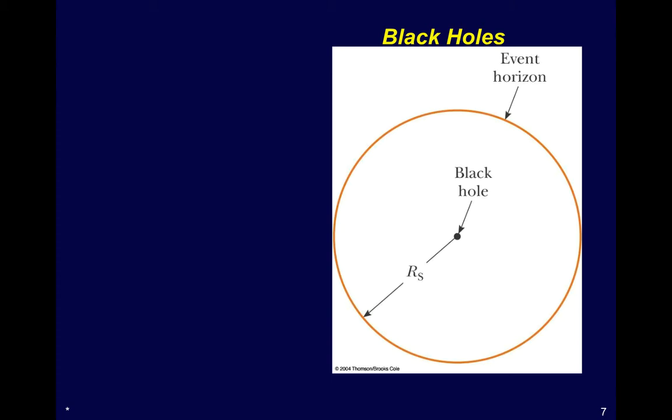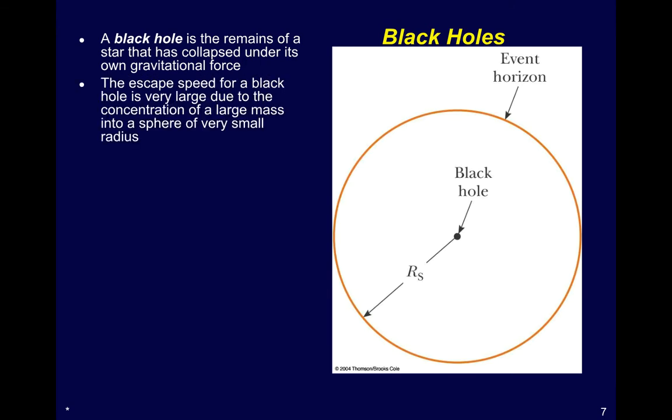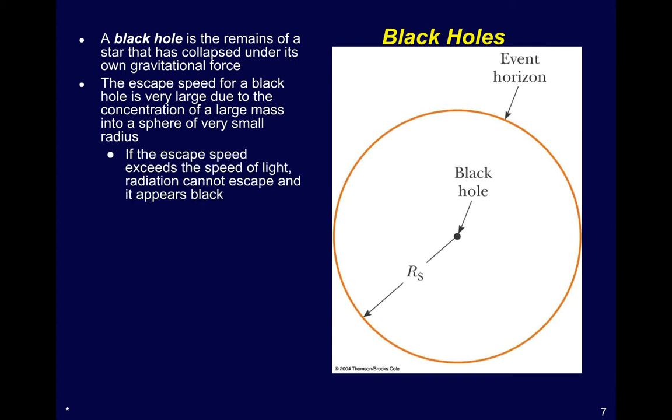Black holes are related to the escape velocity in quite an advanced manner. A black hole is the remains of a star that's collapsed under its own gravity. We know that. Now, the escape speed for a black hole is really large due to the fact it's really, really, really massive and has a very, very small radius. If the escape speed exceeds the speed of light, that means radiation cannot escape, and therefore it appears black.